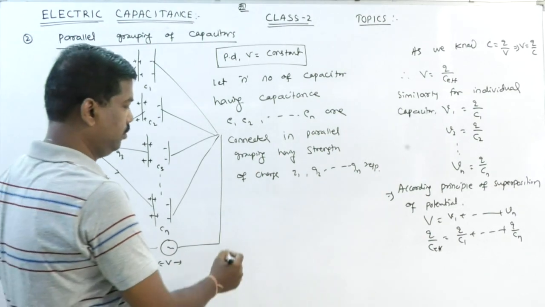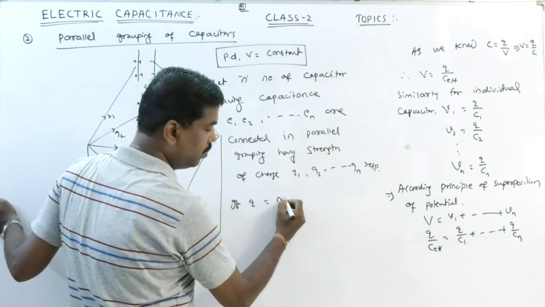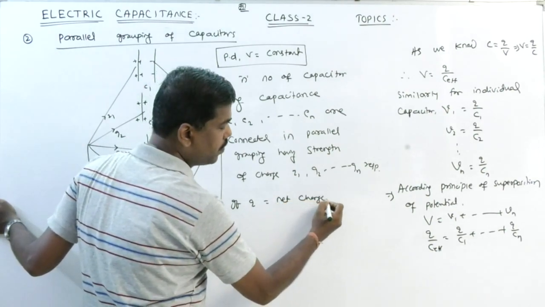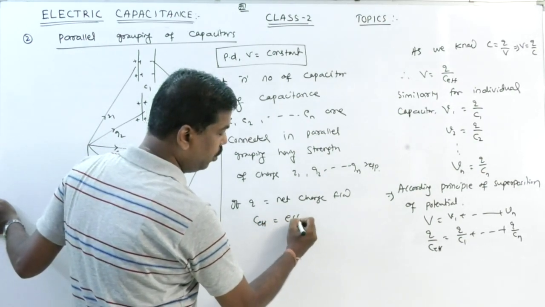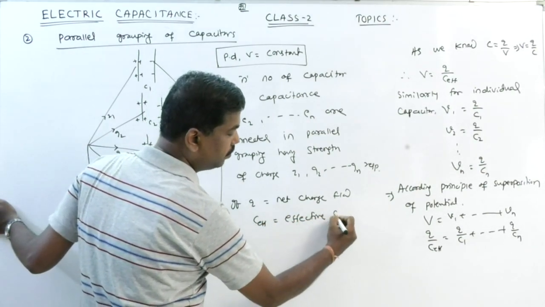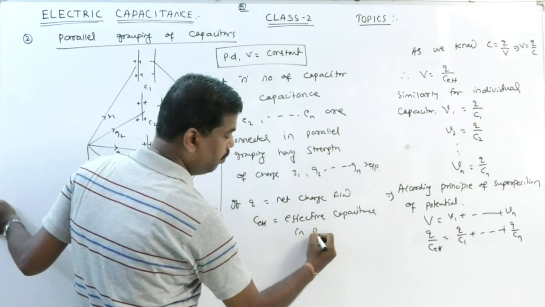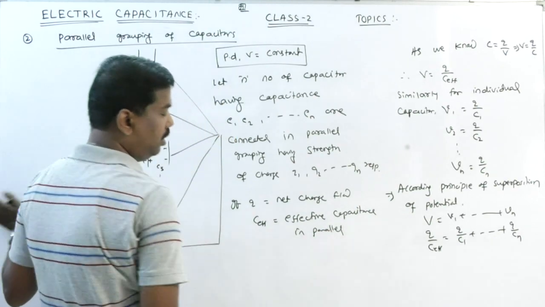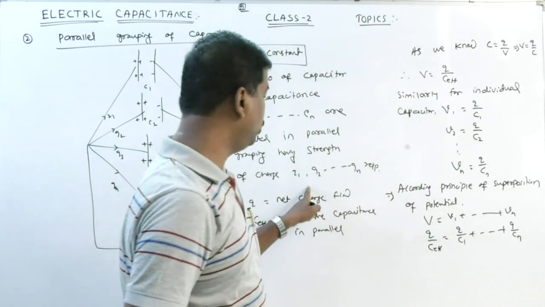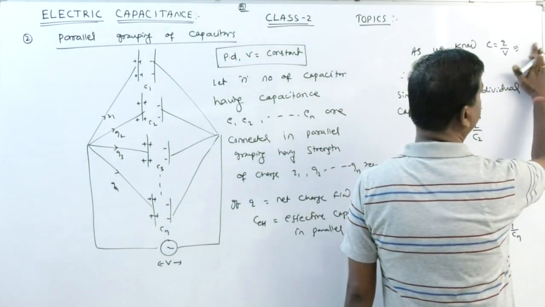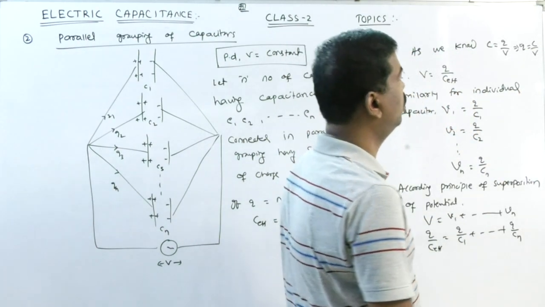Clear? If Q is the net charge flow and C effective is the effective capacitance in parallel, then C is equal to Q by V, or I can write Q is equal to CV. Clear? Q is equal to CV.